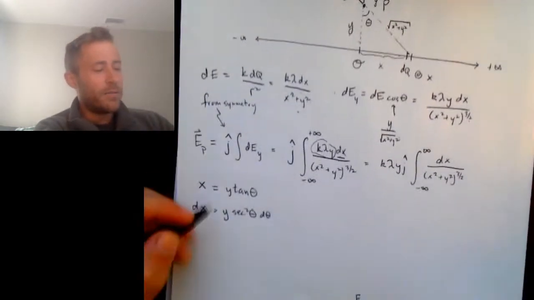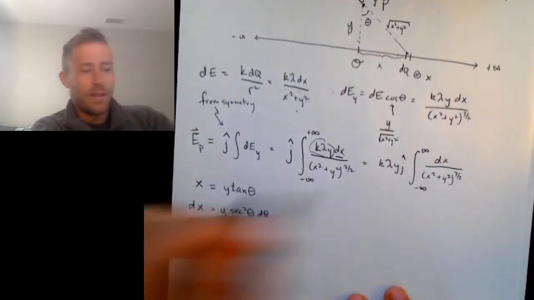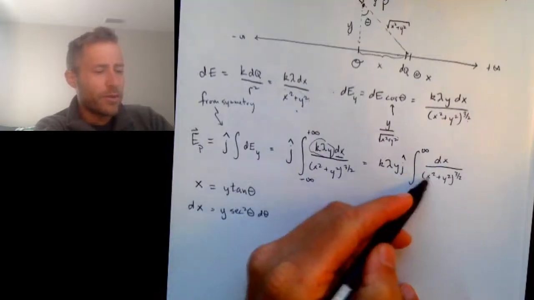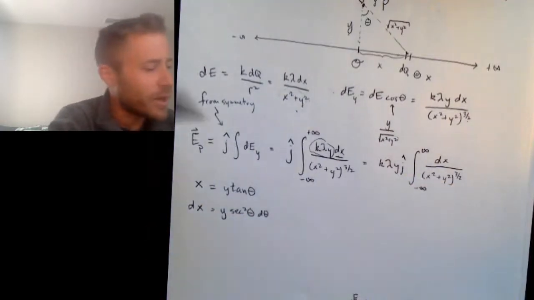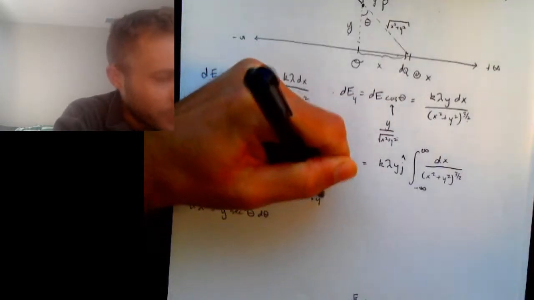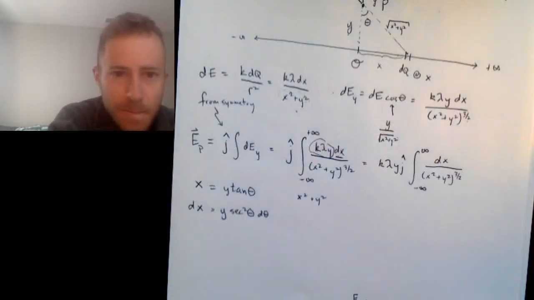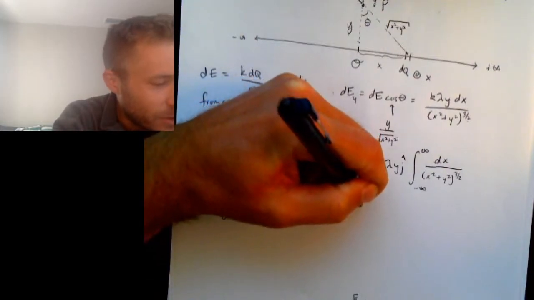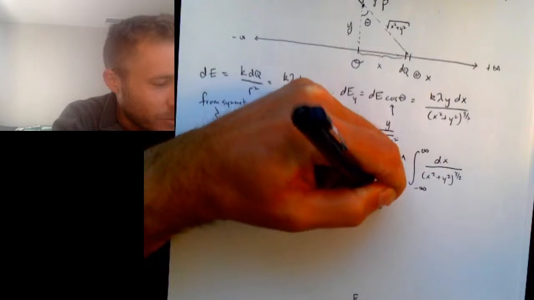And then that tells me what dx is going to be. Then I have to figure out what x squared plus y squared to the 3/2 is. Well, x squared plus y squared is going to be y squared tangent squared of theta plus y squared.